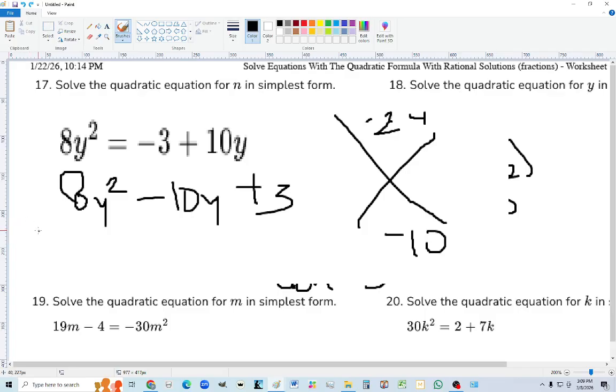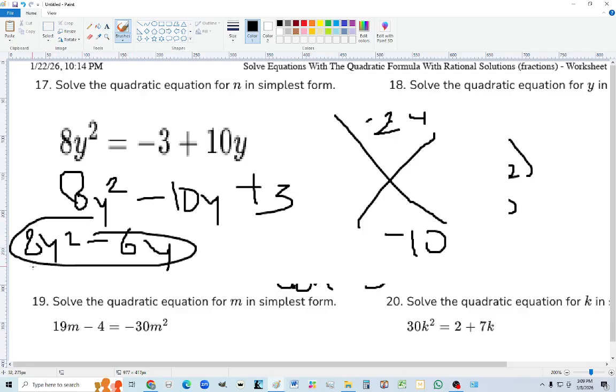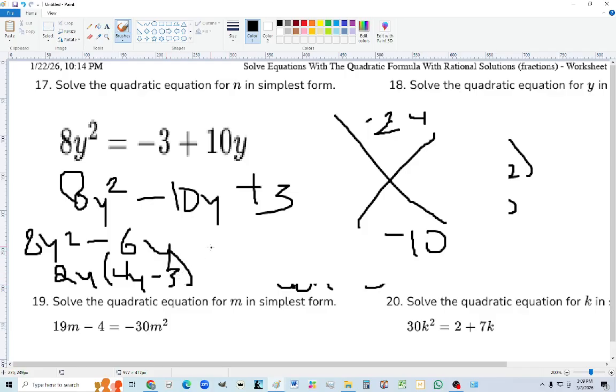Minus 6, minus 4. By grouping, what's in common here? 2 and y. You get 4y minus 3. And the other one, what's in common with minus 4y and 3? Nothing, just the minus 1. 4y plus 3, or sorry, minus 3.